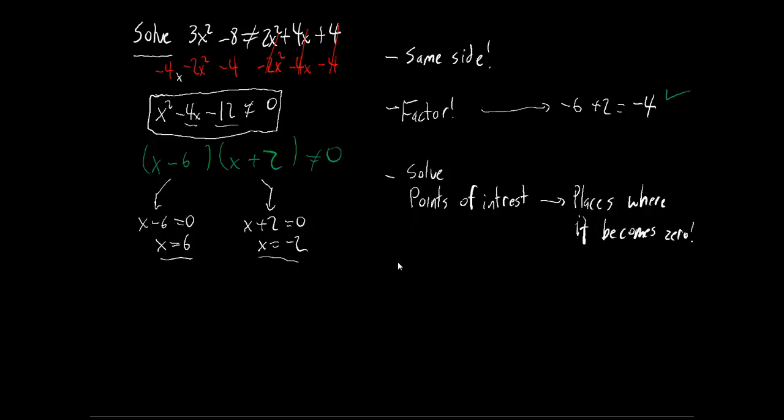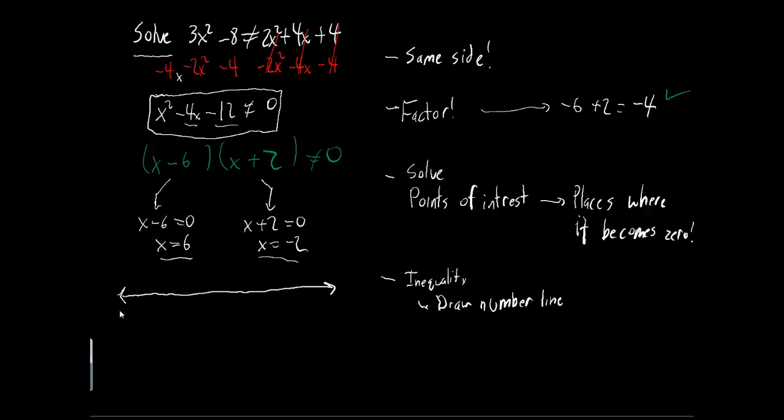Now that we know what points we're interested in, the next thing we should do, anytime we have an inequality, your next step is usually going to be to draw a number line. It'll help us visualize the solution a little better. So I'm going to start by drawing my little arrows and my line in the middle.